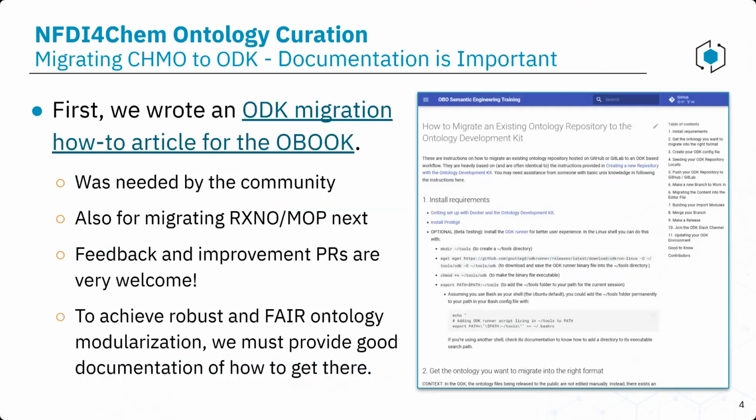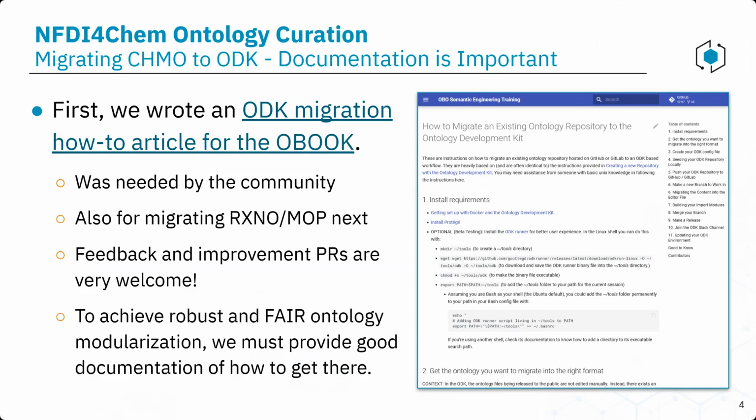Having to document our work in order to train more people, and responding to the OBO community's request for better documentation on migrating ontologies using the ODK, we first started by writing a how-to article for the OBOOK, using CHMO as our primary example. The OBOOK is a collaborative training resource by the OBO Foundry community, hosted on GitHub, and it is supposed to make things easier when it comes to working with ontologies.